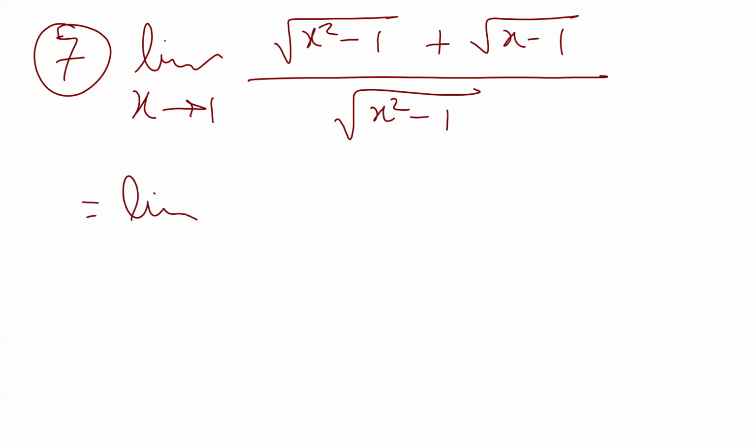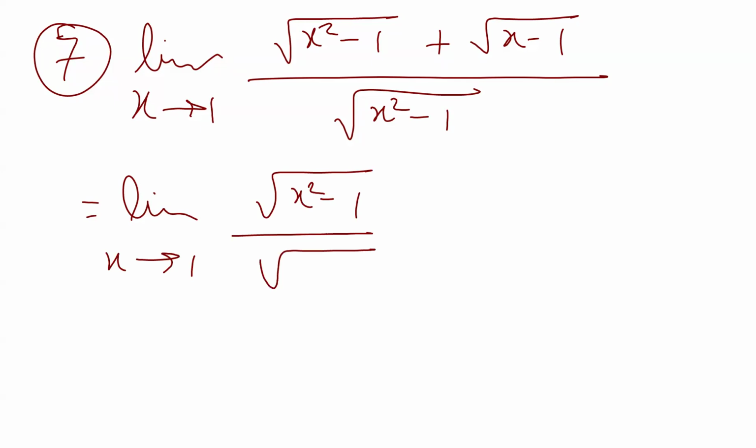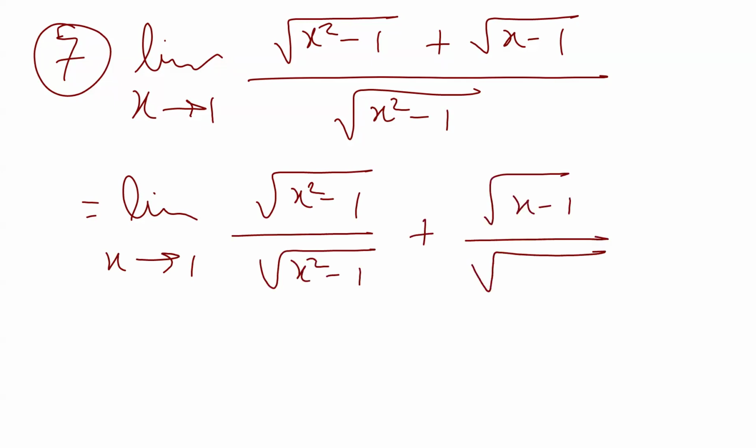So you can split this into two parts. Is this mathematically correct? Yes, it's very much correct. A plus b upon c is a by c plus b by c.